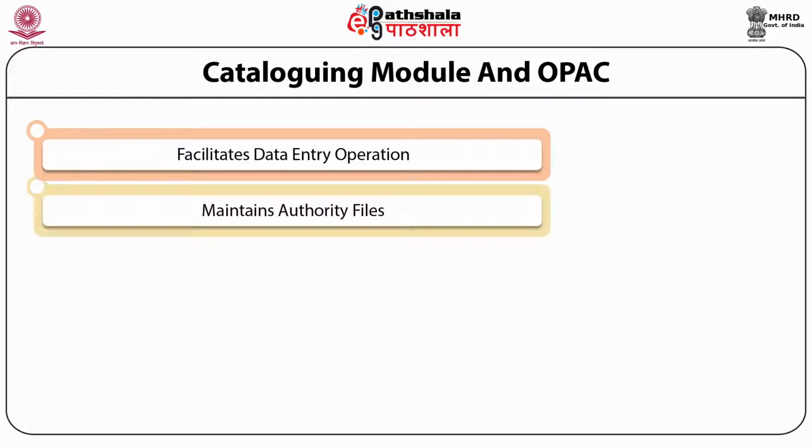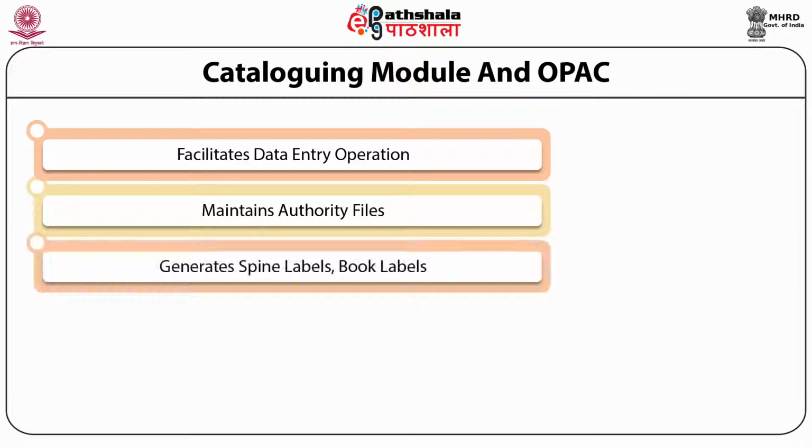The system maintains authority files of person names, subject headings, corporate body names, series, publishers' names, etc., from which the relevant option can be selected. The automated system thus facilitates data entry operations.